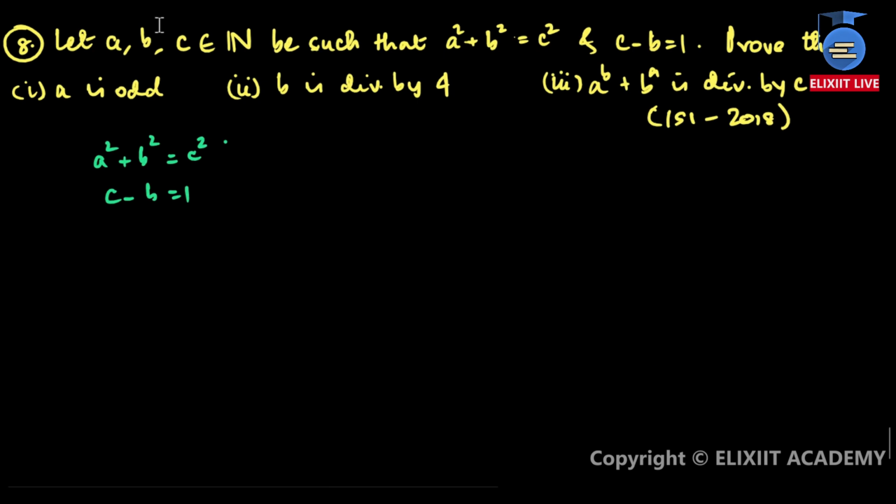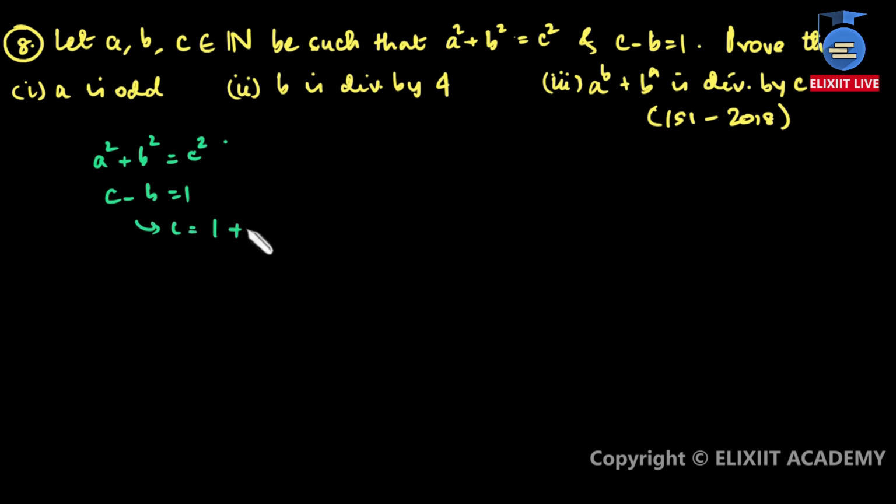A is odd. So first of all, you can simply bring this into an equation of two variables only, because you have three values, a, b, and c. What you can do is simply find c from here.